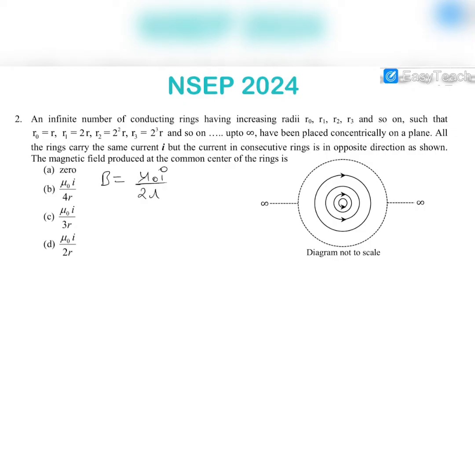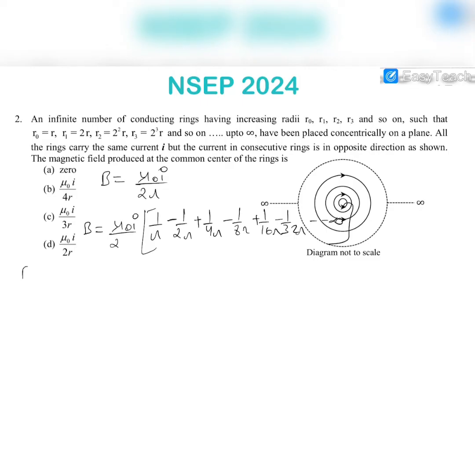If we write down the net magnetic field for all the rings, then it would be mu naught I by 2, and for the smallest ring it is 1 by r, then for the next ring minus 1 by 2r, then plus 1 by 4r, then minus 1 by 8r, then plus 1 by 16r, then minus 1 by 32r, and so on till infinity.